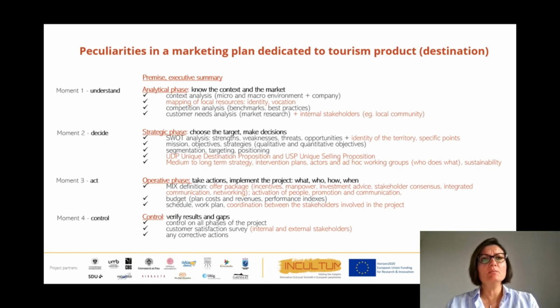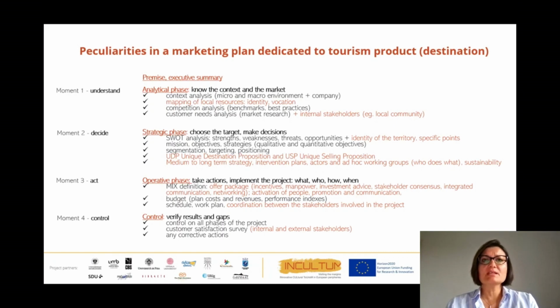In the operational moment, you will have to take care of 2 additional key issues. The first one is the consensus and the engagement of local community in the implementation of your project. As a matter of fact, they are internal clients as important as visitors. The second point is about the mapping of the territory.